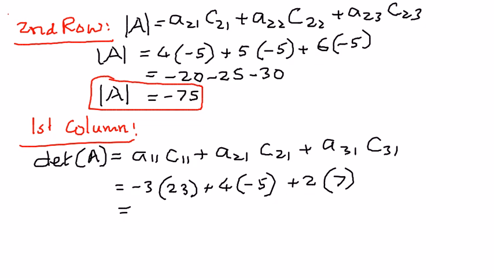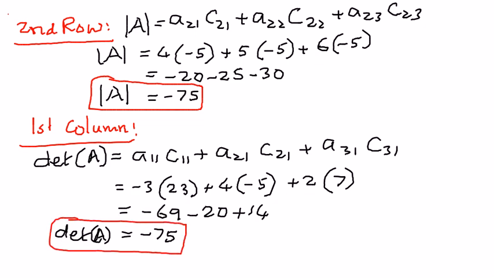When we expand this one out, negative 3 times 23 is negative 69, plus 4 times negative 5 is negative 20, and then 2 times 7 is equal to 14. And when we simplify this, negative 69 plus negative 20 plus 14, the value comes out as negative 75. So therefore, the determinant of A is equal to negative 75.